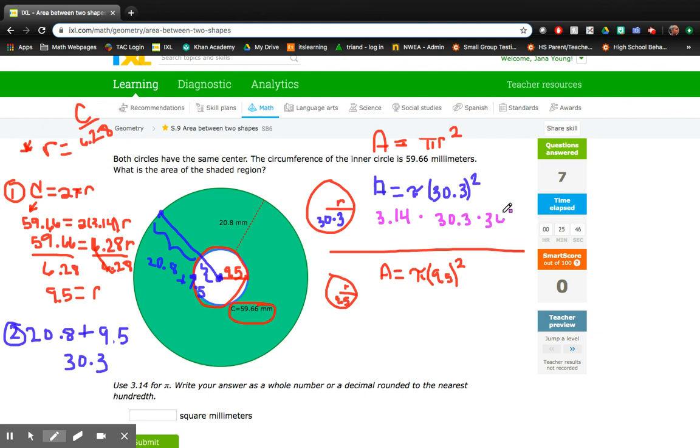Just expanding it out. 3.14 times 30.3 times 30.3. And I'm getting a big number, 2882.026.